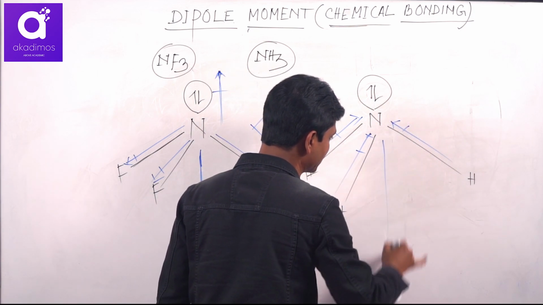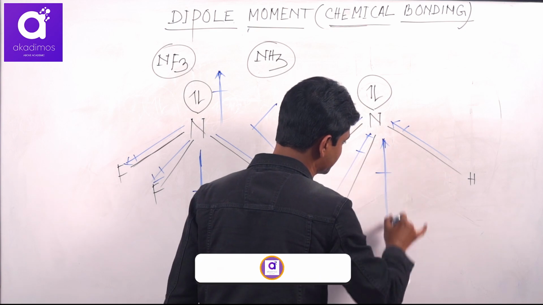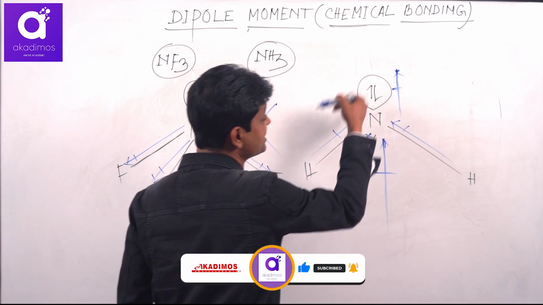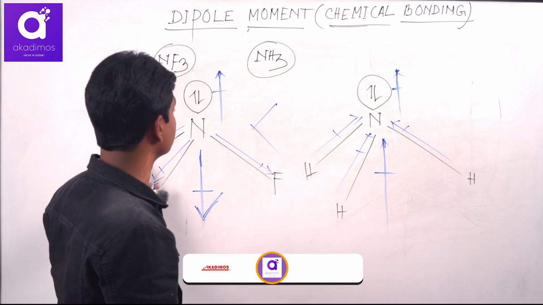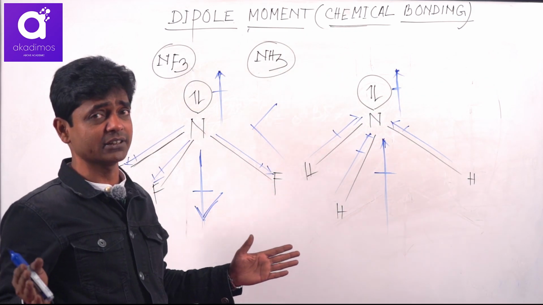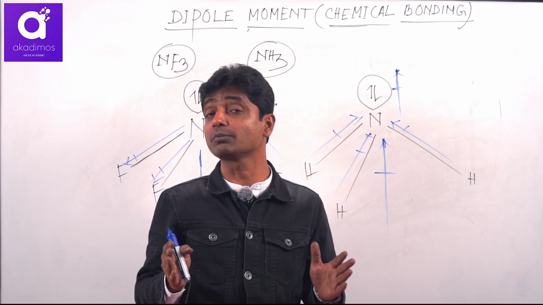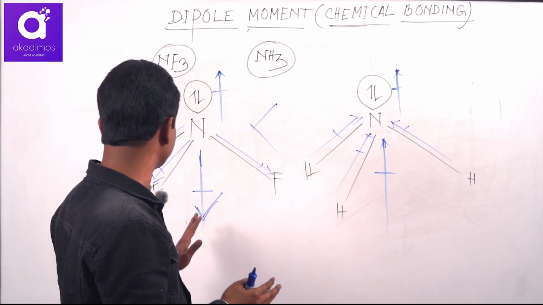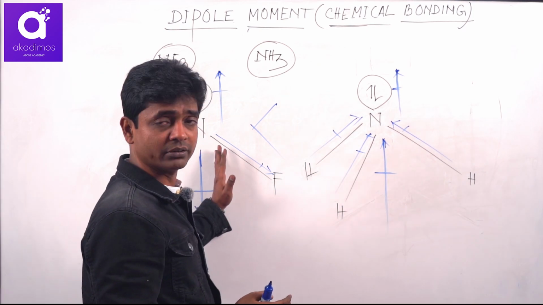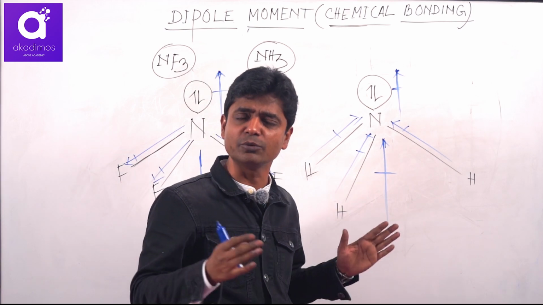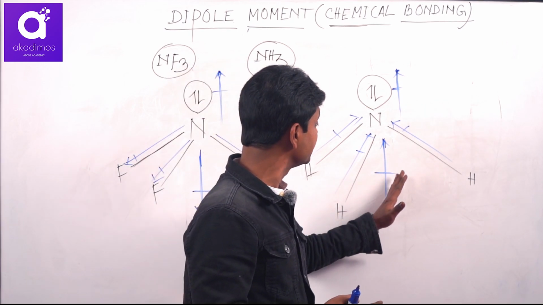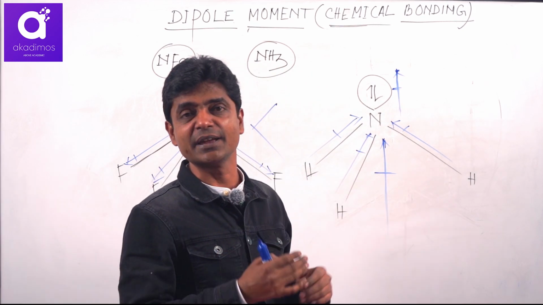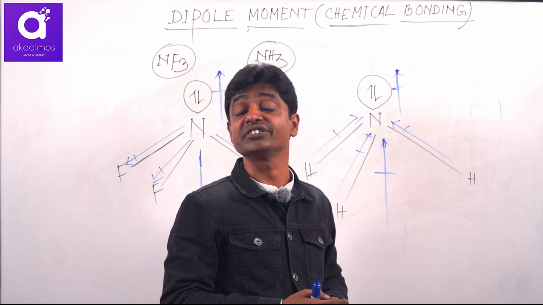I am taking the N-H resultant bond moment, and the lone pair moment operates in the same direction. That's why its resultant moment is high, whereas in NF3 its resultant moment is less. The reason is that the N-F bond moment and the lone pair moment on nitrogen operate in opposite directions in the NF3 molecule, since fluorine is more electronegative than nitrogen. However, in the ammonia molecule, the resultant N-H bond moment and the lone pair moment operate along the same direction. That's why its dipole moment is high.